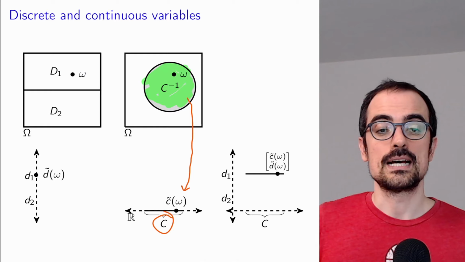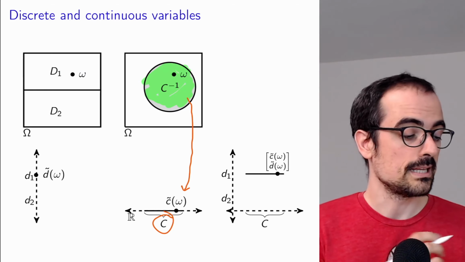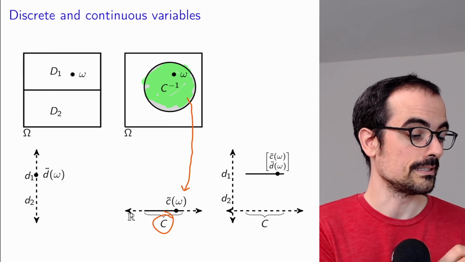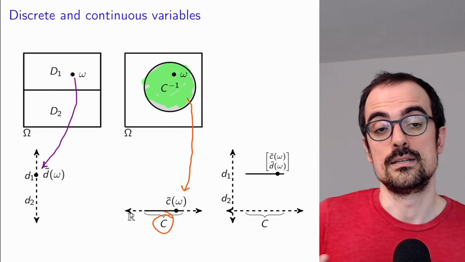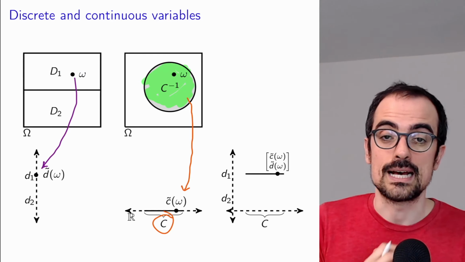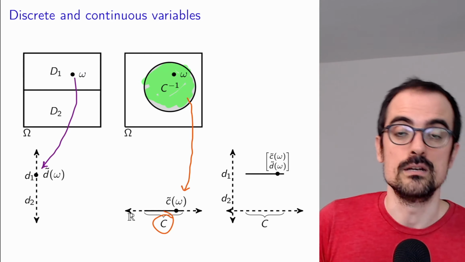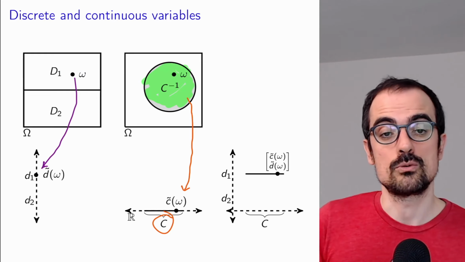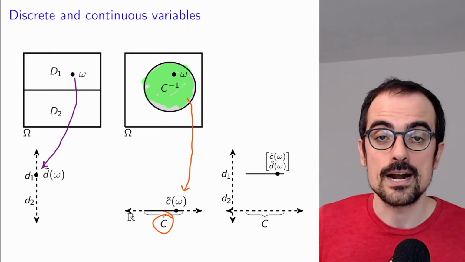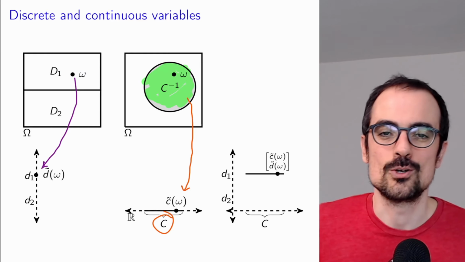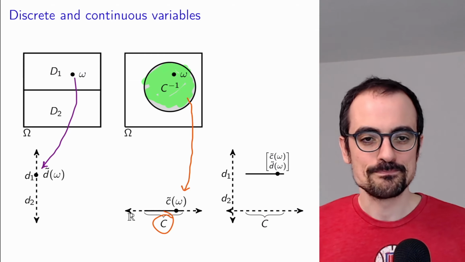So that means that if we want the probability that these two things happen at the same time, we want the event containing the outcomes that map to d1 through the discrete random variable and map to the interval c through the continuous random variable. What is that event going to look like in the sample space?